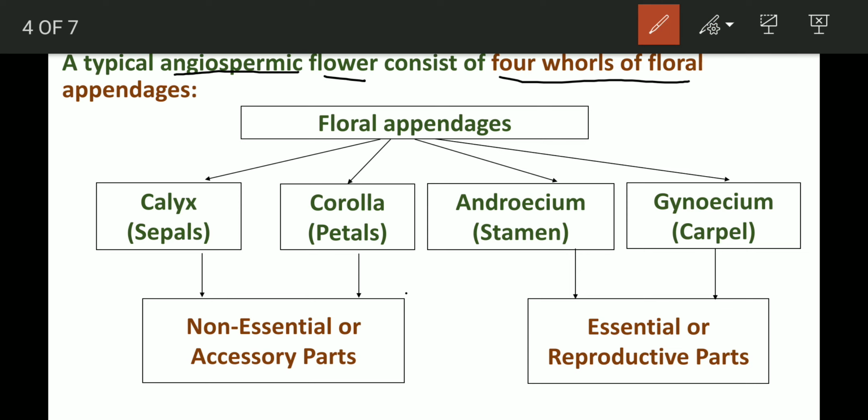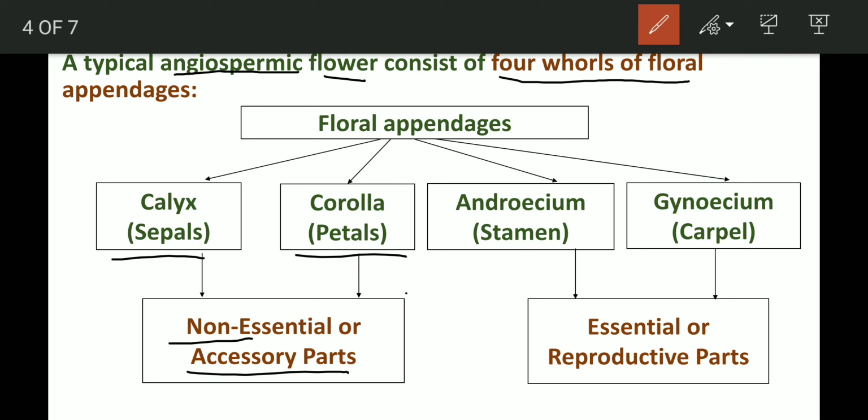Now when the flower matures and undergoes reproduction, what happens? The calyx and corolla shed off at the time of reproduction. They do not have any role in the reproduction, so they are called non-essential, or accessory parts.